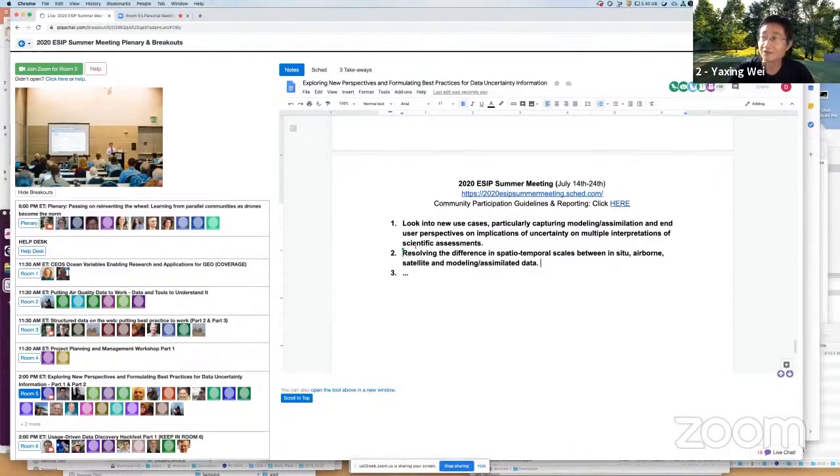It's a very typical use case of leveraging in-situ observations and bringing the data into the scale that would match the modeling and simulation product. Basically the in-situ observations would be an input, but during that process, there would be a resampling or regridding process that would introduce an additional layer of uncertainty information.